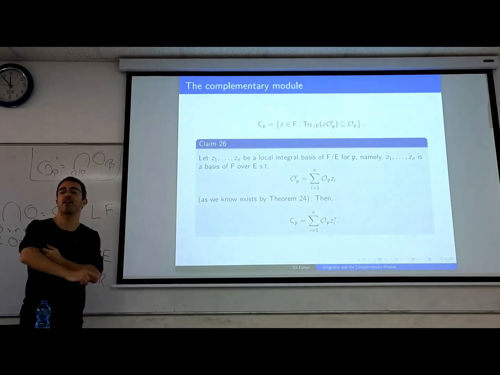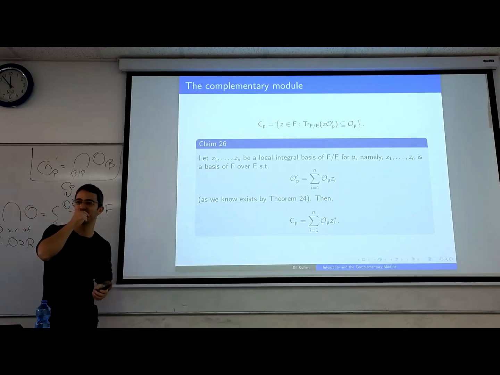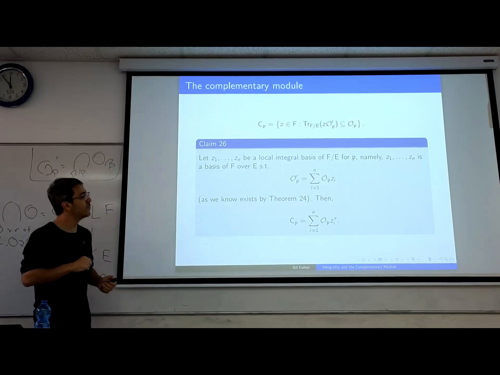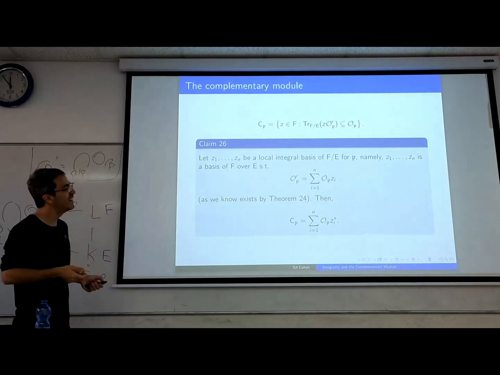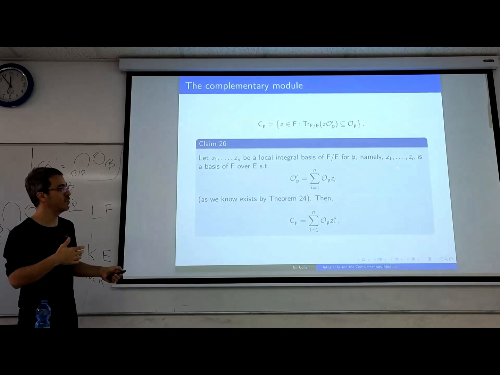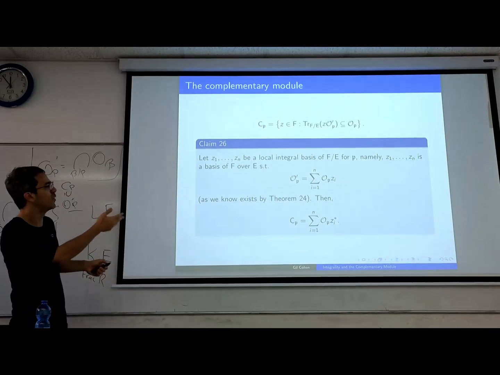Technically it's a map from L to L star. What I mean is that you gave me a basis in L. Actually here it's not L anymore, it's F, but never mind.